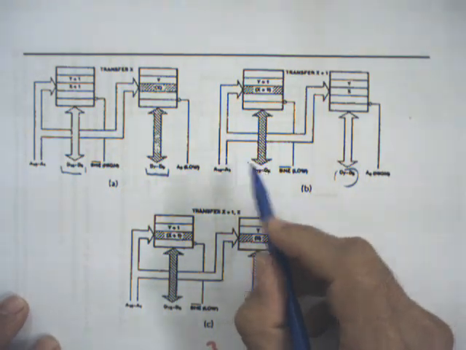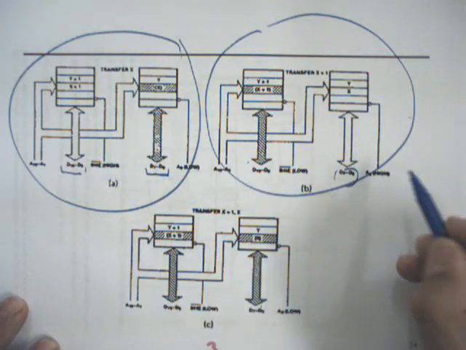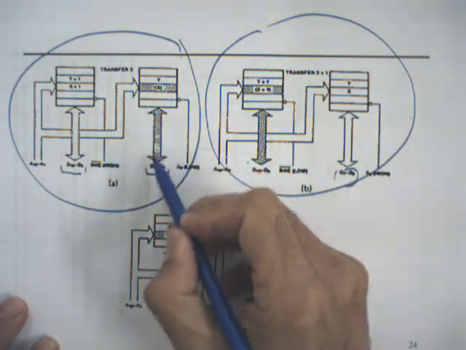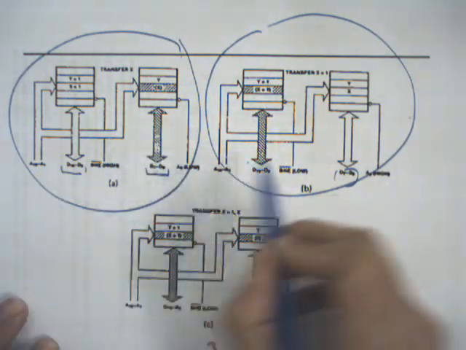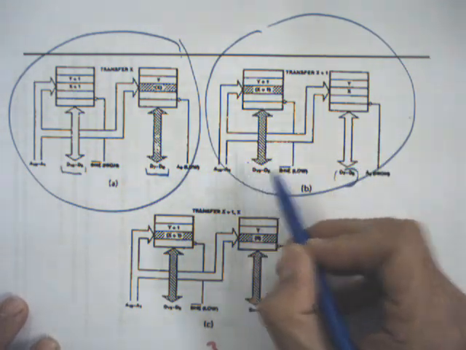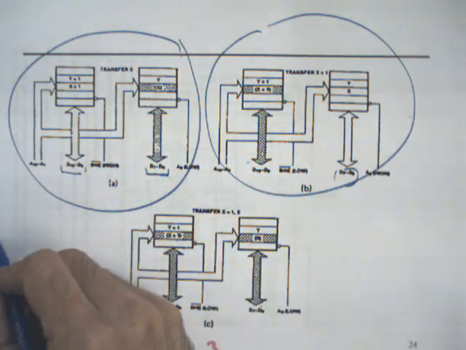So this is the first cycle, this is the second cycle. In the first cycle, the first 8 bits. In the next cycle, next 8 bits. So there's a 16-bit transfer here.